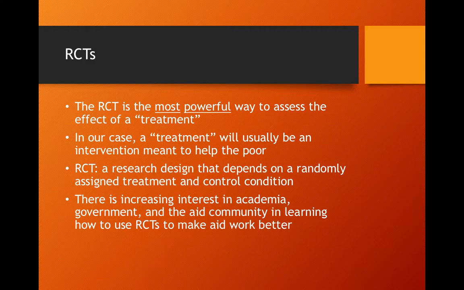Let's take the example of a tutoring program in a middle school. And let's say that about 10% of students in the school go to this after-school tutoring program. And they get extra help on math and reading and stuff like that. Now, the purpose of this program is to make kids better at reading and math. But how do we know how much the program is really helping them?